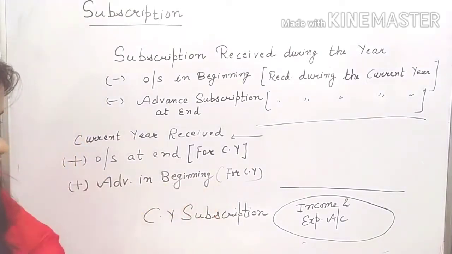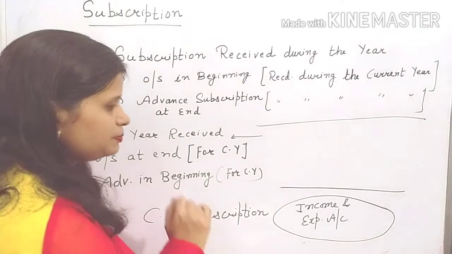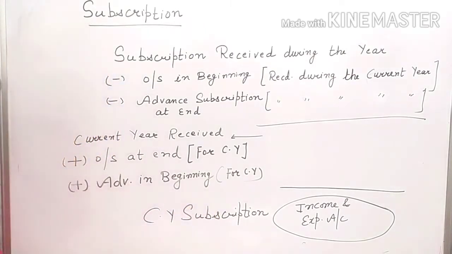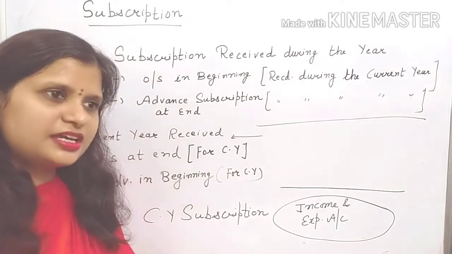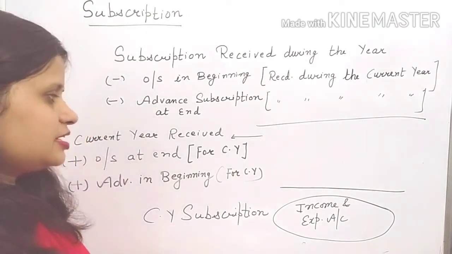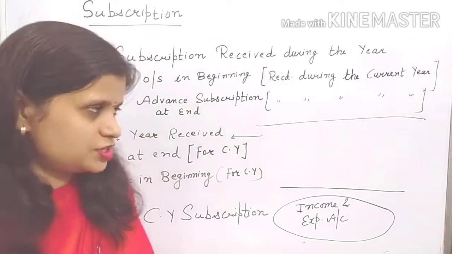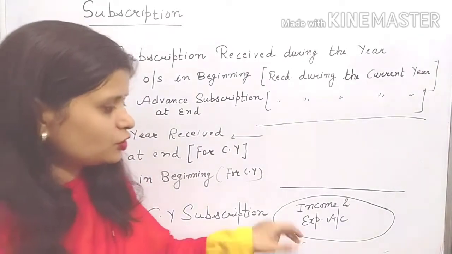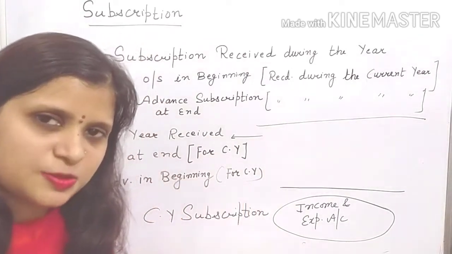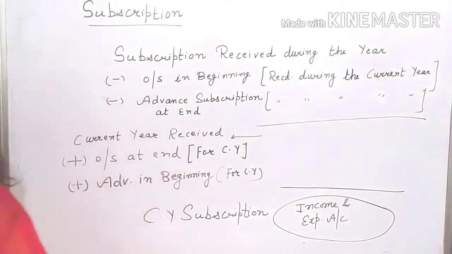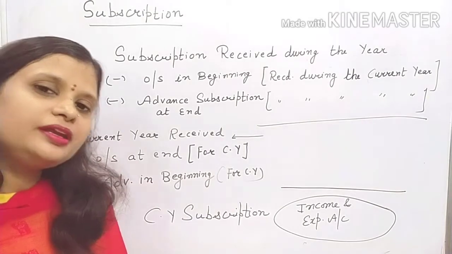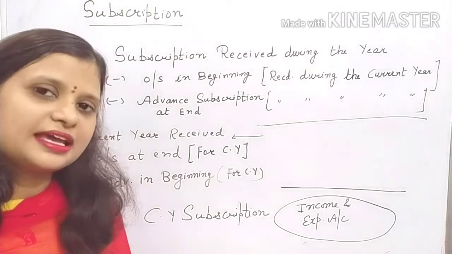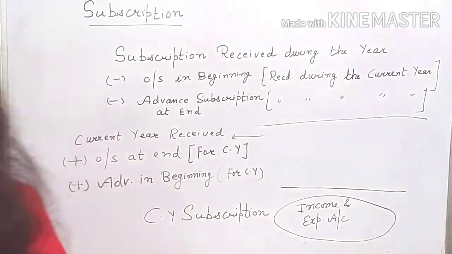The balancing figure will be the current year subscription income, whether it is received, outstanding, or was received last year. That amount will be shown in the income and expenditure account. Let us discuss this concept in detail by taking some examples.